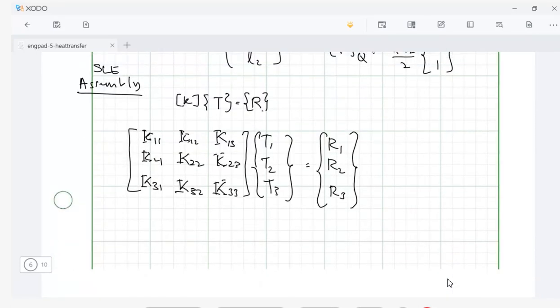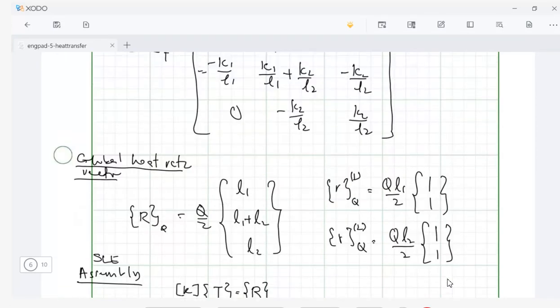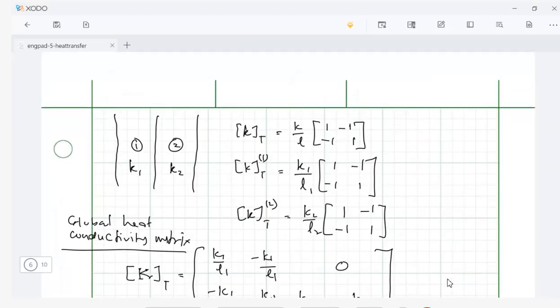And take note that something else here. Okay, so this is my T1. Let me put this up here. So we have K1, we have K2, and this is our T1, our T2, and our T3.